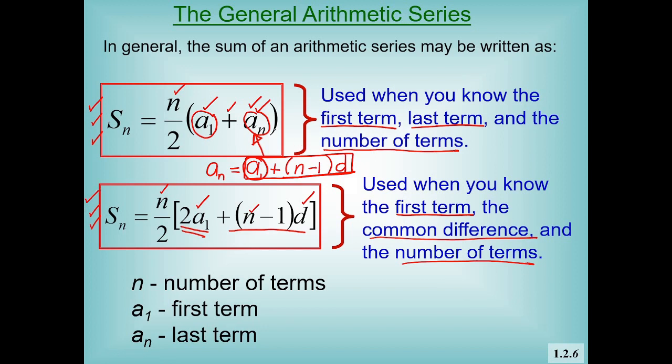So simply, I solved A sub n and went straight here. So again, this is what we need to remember. If the first term and the last term and n are given, formula 1. If A sub n is not given, formula number 2.